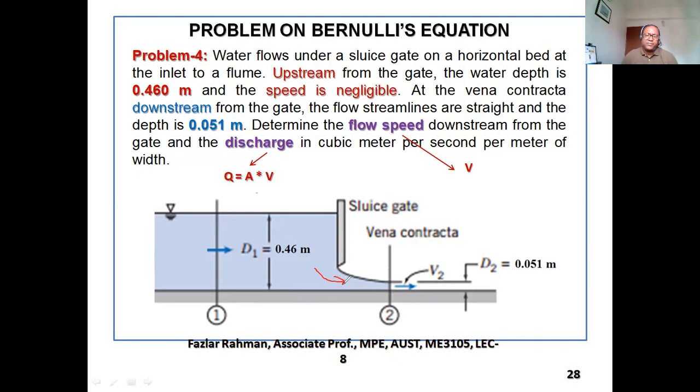So you see, if we take 2 points, point 1, the top surface of the water in front of the gate, and point 2, just after the gate, also at the top surface. Then for point 1, how much is the velocity? Velocity is almost 0.